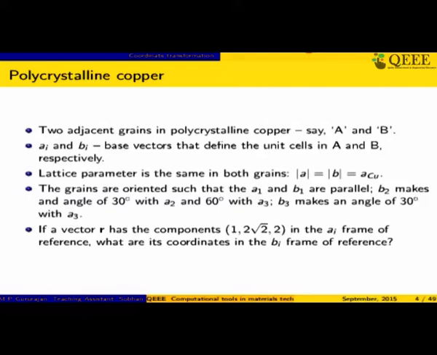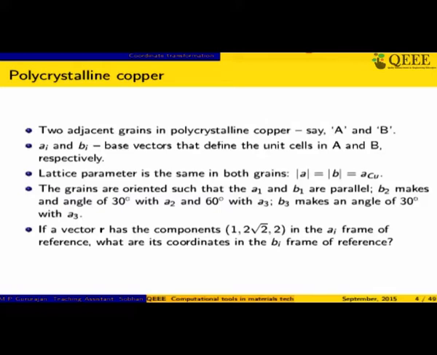You can think of it as aligning the x-axis and making an angle of 30 degrees along the y-axis to go from A to B. And similarly, B3 makes an angle of 30 degrees with A3. So one is A1, A2, A3. B1 is aligned with A1, but B2 and B3 each make 30 degrees with A2 and A3 respectively.